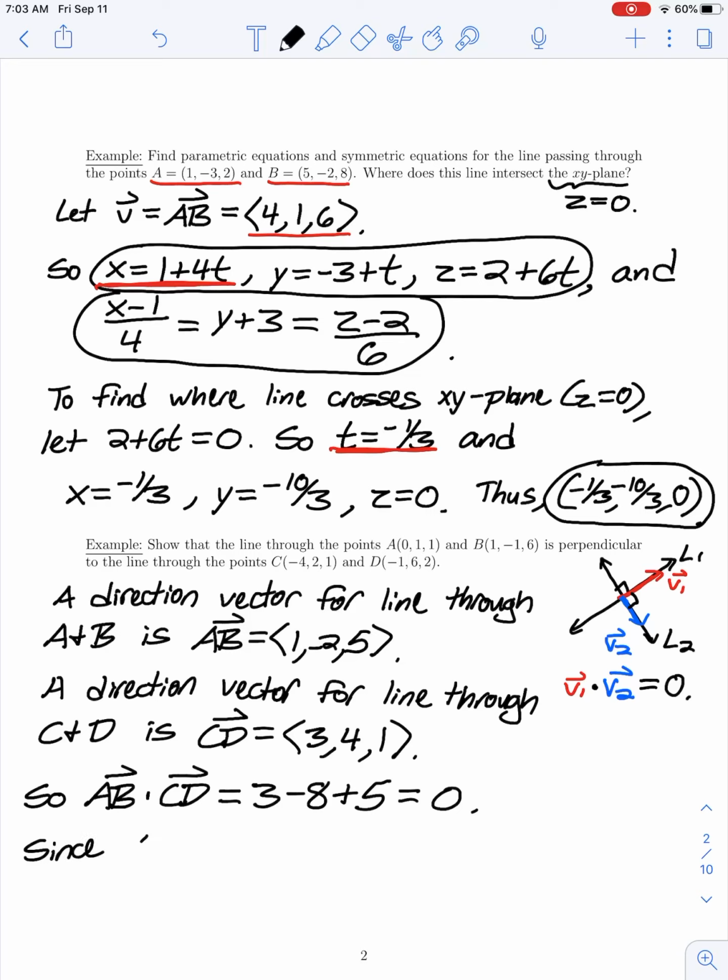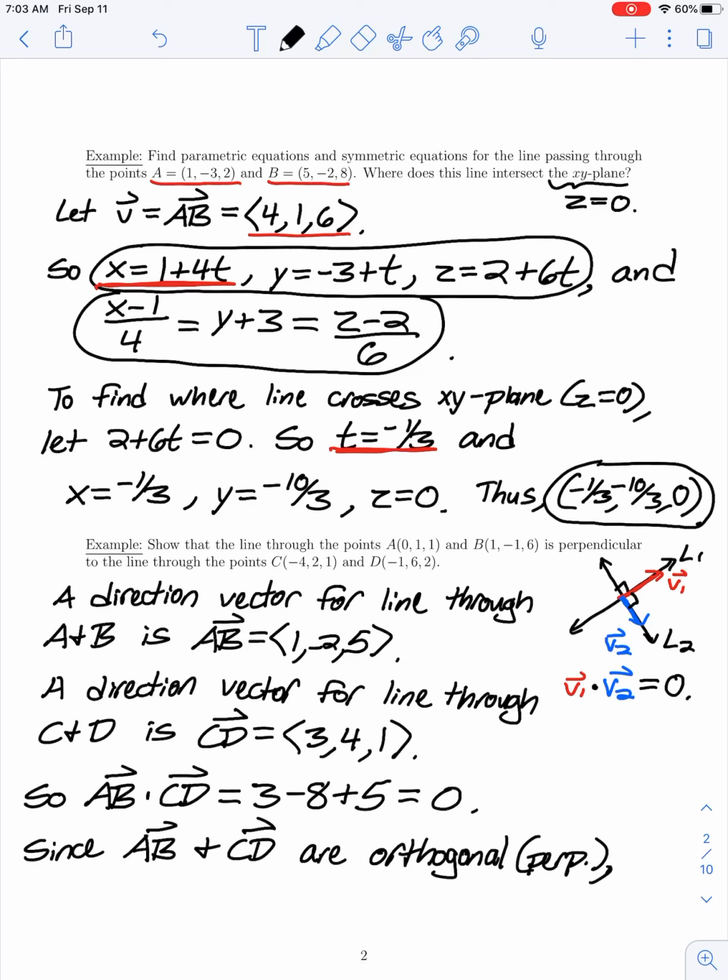So that means that AB and CD, these two direction vectors, are orthogonal, which recall was just a vector terminology for perpendicular vectors.